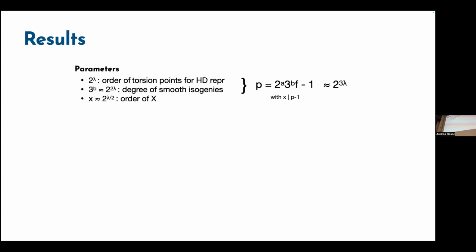So basically by moving roughly lambda bits of 3 to the B, well, sorry, maybe one thing I didn't mention is that you don't need the second parameter to be actually a power of 3. It can be anything that is smooth.